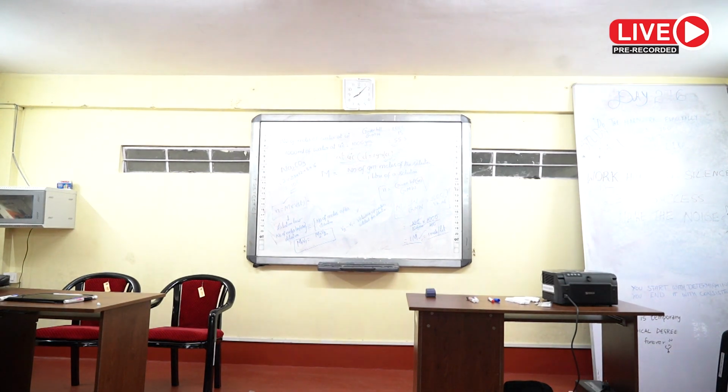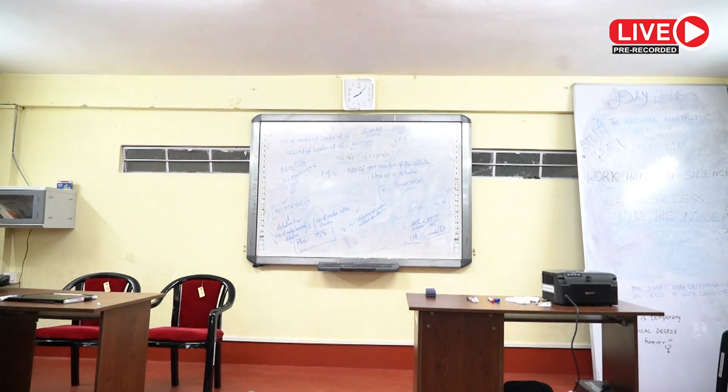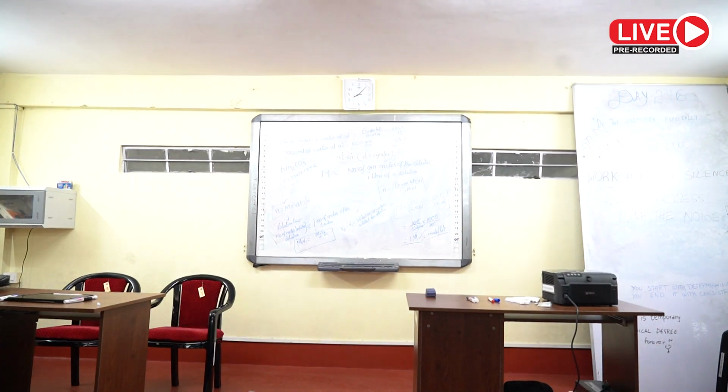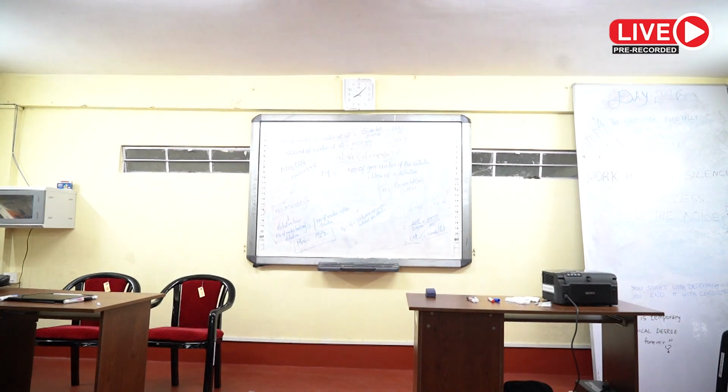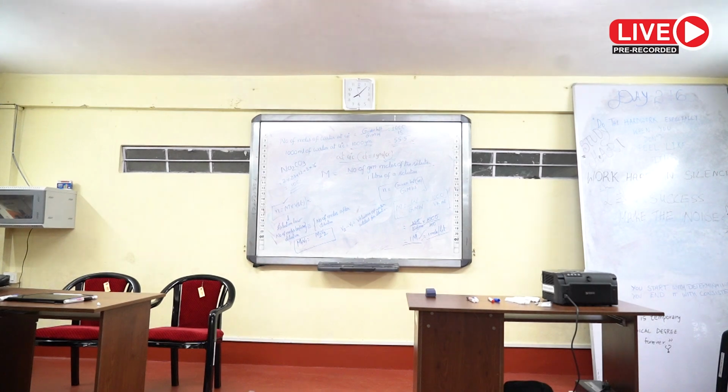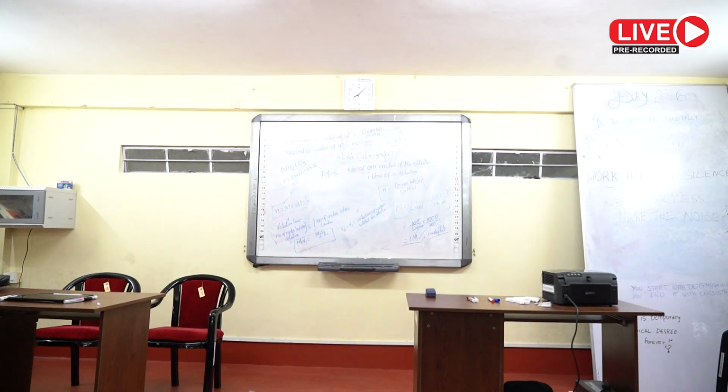Visibility is very poor, no? Back benches, visibility is very less. Actually, this is an interactive board, not a regular whiteboard. Even the other board we can use if it is properly cleaned. We have chalk and then put it on the board.